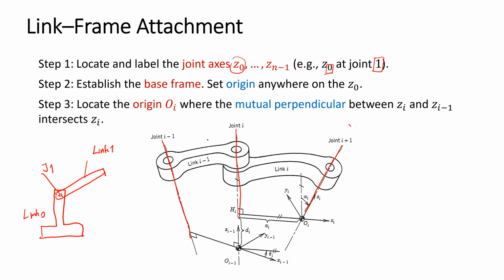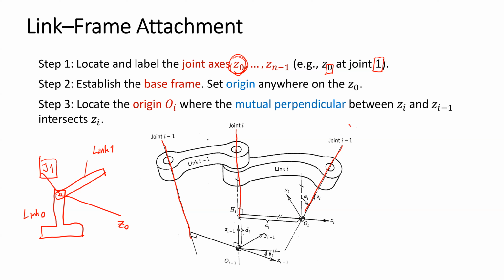You need to draw the axis of the joint, and the axis of the joint will be the Z axis. But the order of the Z axis, it will be frame 0, the Z axis of frame 0, which corresponds to the joint 1. This is the thing we need to do first.